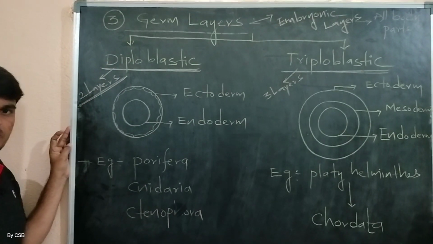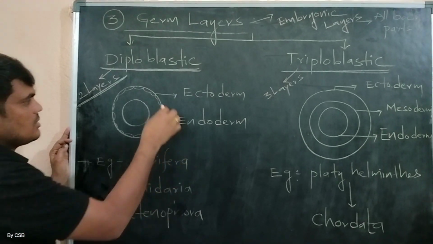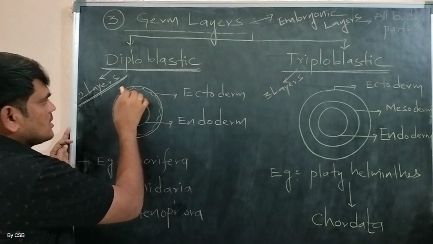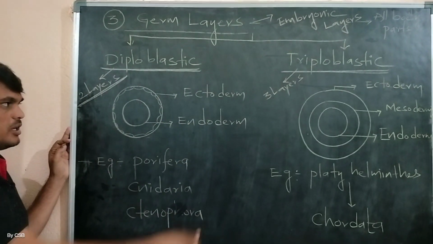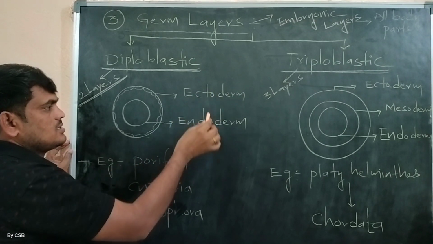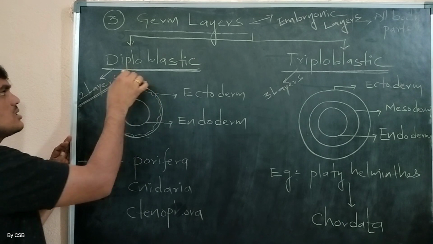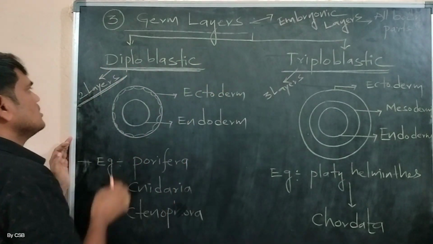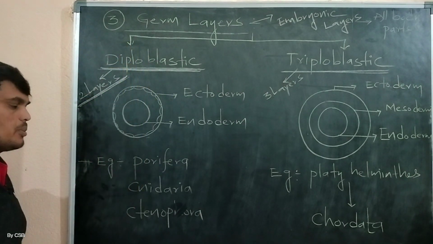Two layers. The outer layer is ectoderm, the inner layer is endoderm. By the presence of two layers, ectoderm and endoderm, such animals are called diploblastic animals. Di means two layers are present.